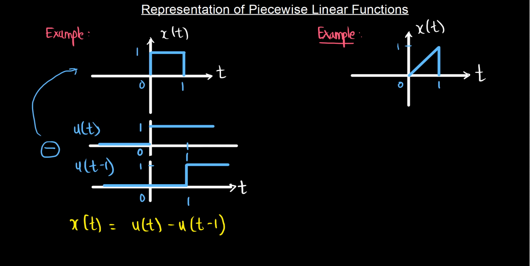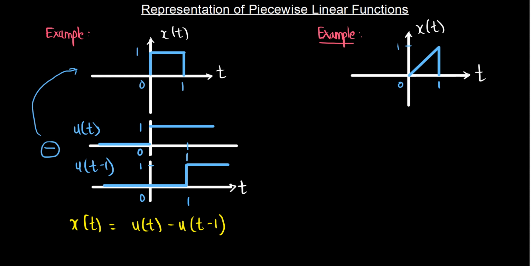Similarly, let's take another example, the second example. Now, what if we need to represent this signal with the help of u of t? How can I do that? If you want to do that, we can observe that firstly the slope of this signal here is 1.